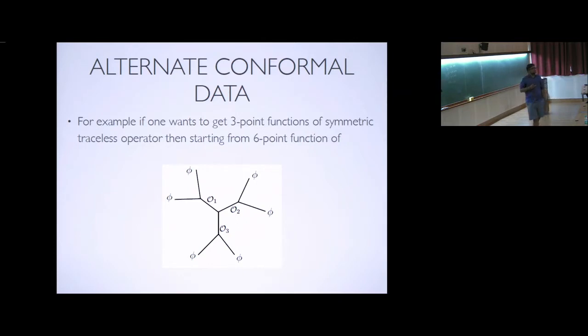Now, instead of traceless symmetric operators, if one is interested in operators that transform in a more complicated representation of the rotation group, then you would work with a sufficiently high point function of phi, but at some point you're guaranteed to get arbitrarily complicated representations. So in that sense, the conventional conformal data is also encoded in the alternate conformal data that I just proposed.